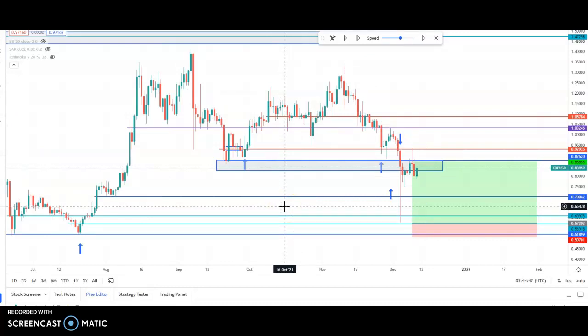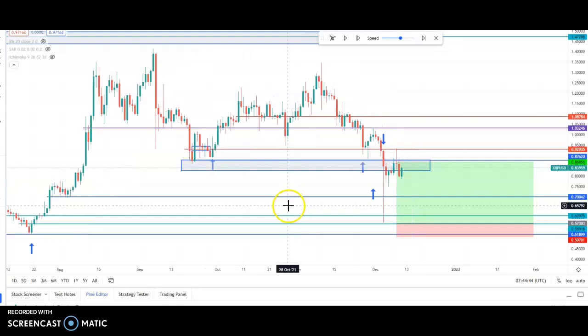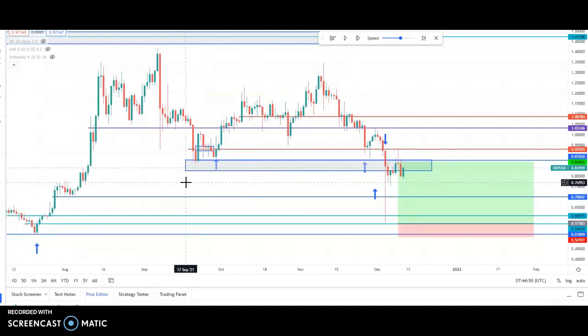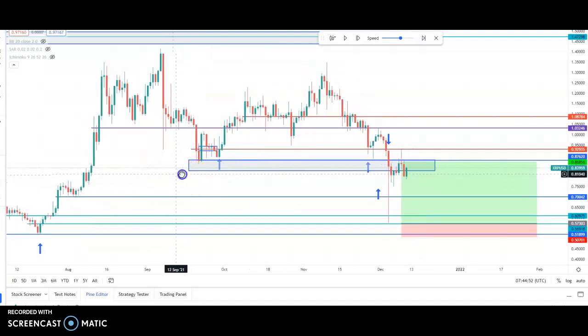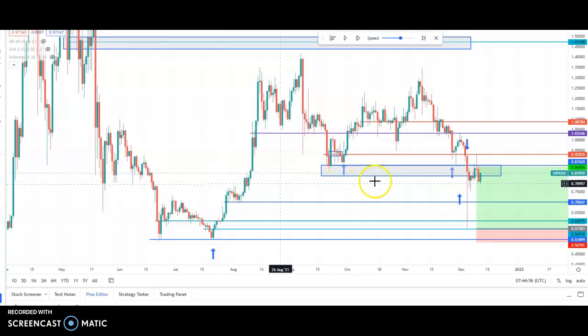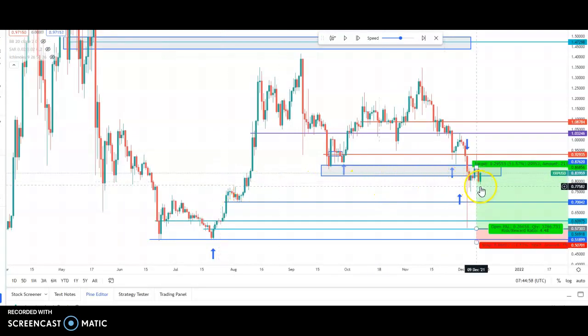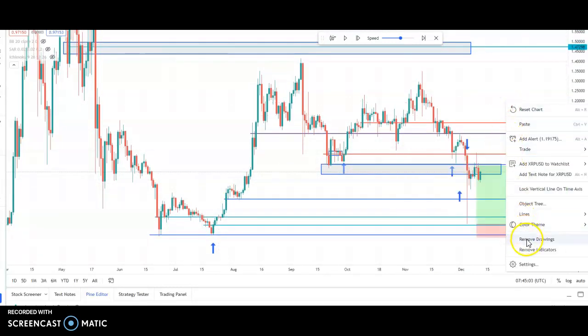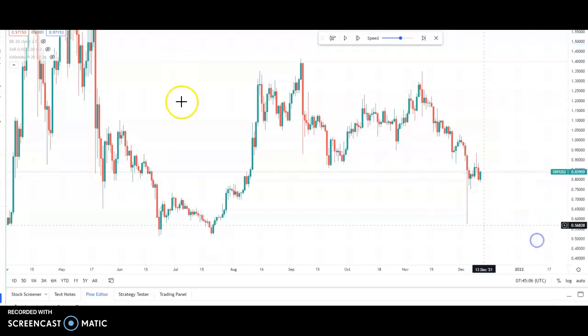Because with cryptocurrency, crypto does what it wants right now. It's a much newer asset class, and what works in the forex field doesn't always necessarily work on trading crypto. Crypto is much more volatile.